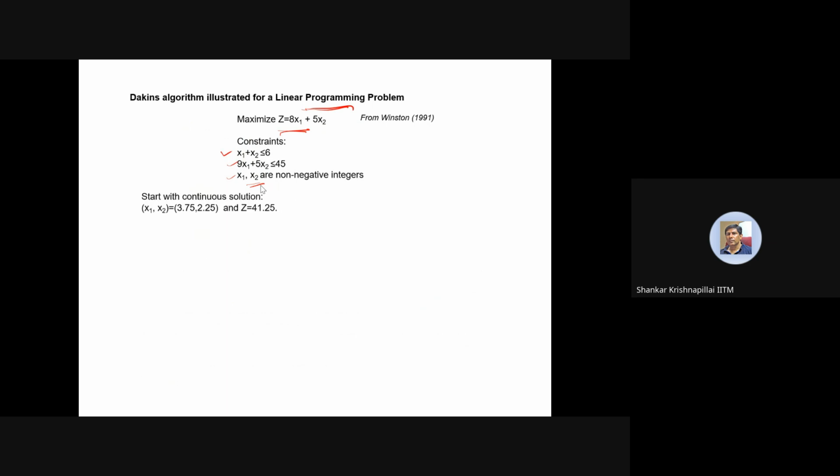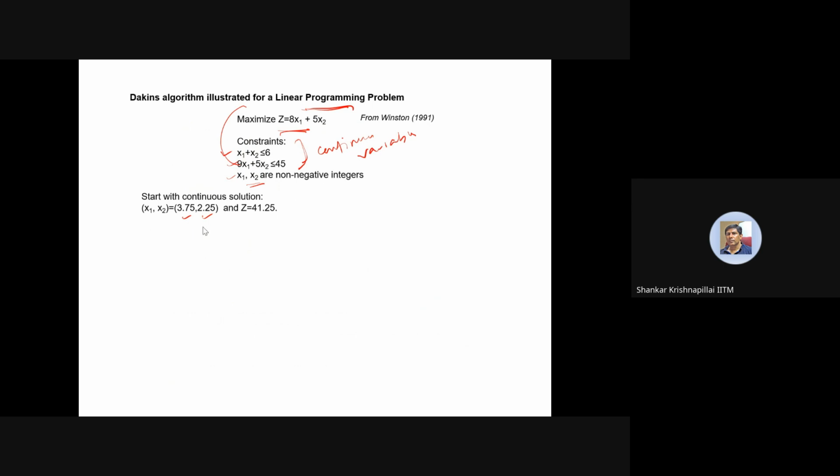So first, you start with the continuous solution. So you assume x1, x2 are continuous variables, and you run the solution. So you get the first answer. x1 is equal to 3.75, x2 is equal to 2.25.